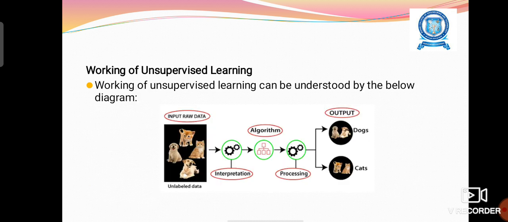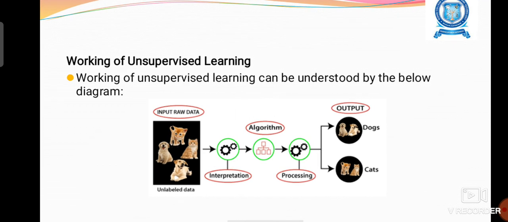So here in this scenario, there is data. The data consists of images of animals. Here the data is unlabeled, and it will process the data set. Based upon the appearance and the structure of the images in the data set, it will analyze and classify the data into two groups.